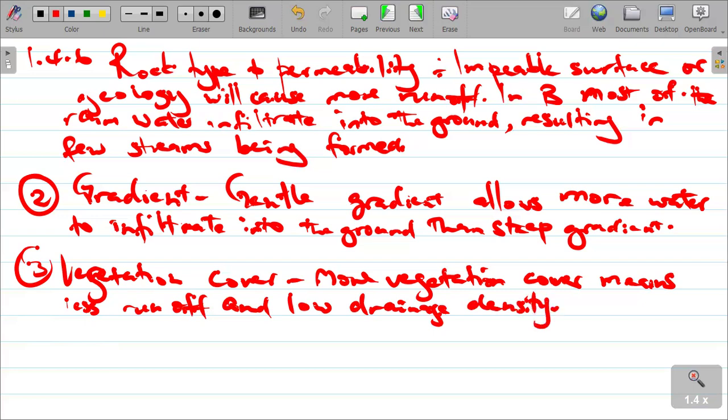That must be understood. In that case, we can also talk about soil moisture. Soil moisture also affects drainage density.